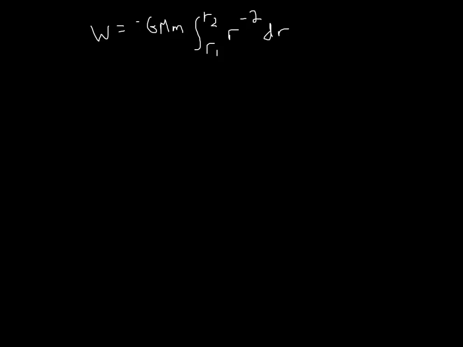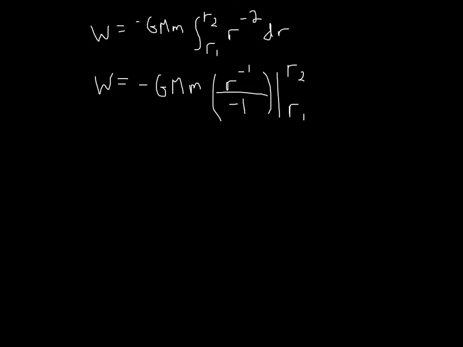So here's my integral that I need to solve. I use my general formula for integrating a power. I get negative G times m. I take my r and raise it to the n plus 1. So negative 2 plus 1 gives me negative 1. I divide by n plus 1. Negative 2 plus 1 is again negative 1. And I evaluate that at two positions r1 and r2.